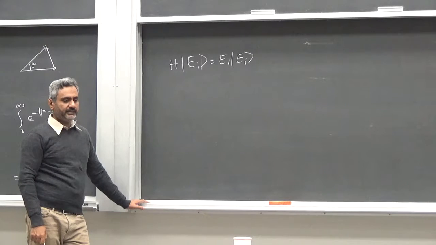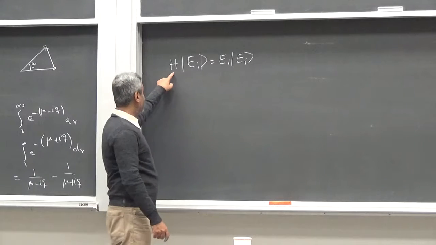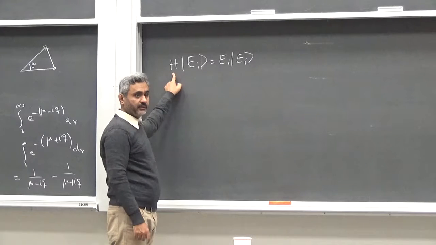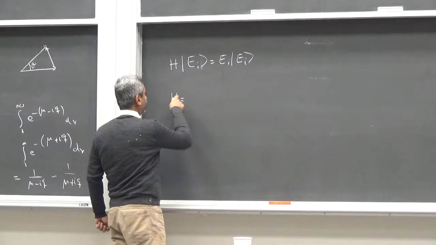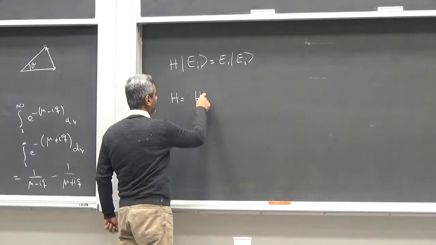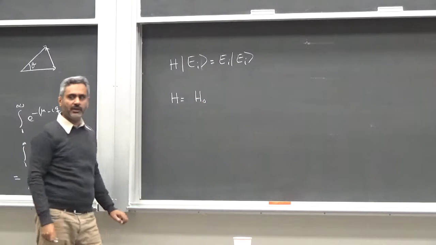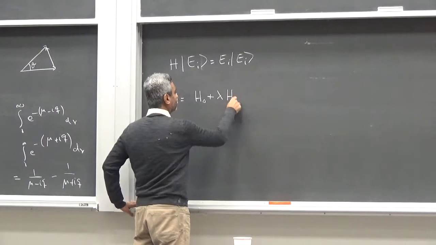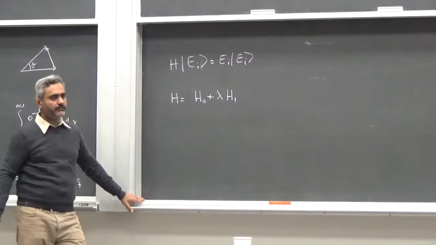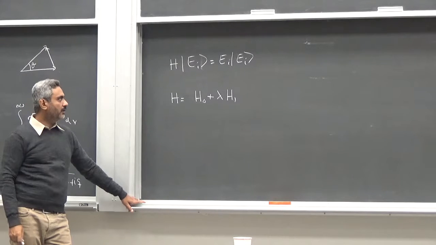Now sometimes, most of the time what happens is that this H is very complicated. But sometimes what you can do is write this H as a sum of something that you already know the solutions of, plus a small thing on top of it, right?